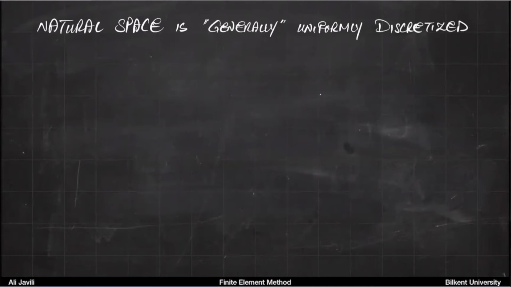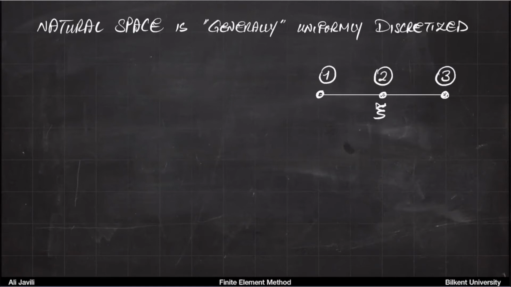What does that mean? That means, for instance, if you have this Xi domain, and if you have a third point, the third point is always in the center. Okay, so these are the nodes in the natural space. Now, this is not the case for physical space.